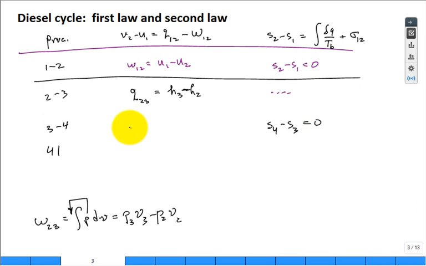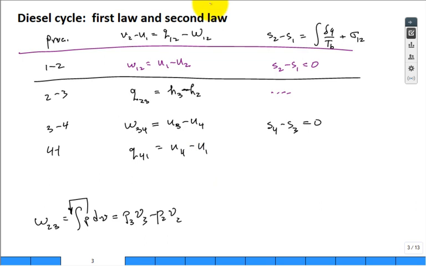And we find that the work 3 to 4 is equal to U3 minus U4. And then Q 4 to 1 is equal to U4 minus U1. It turns out to be negative.